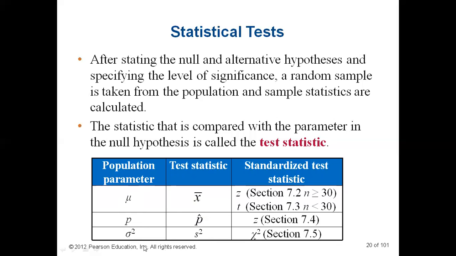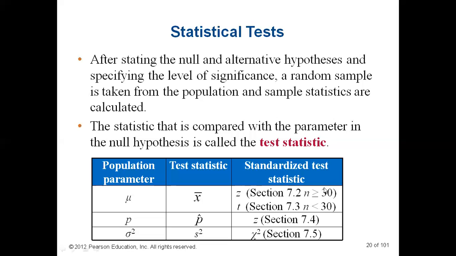Sigma square is the variance of the population, and s square is the variance of the sample. The comparison between mu and x bar is represented by the standardized test statistic z or t.